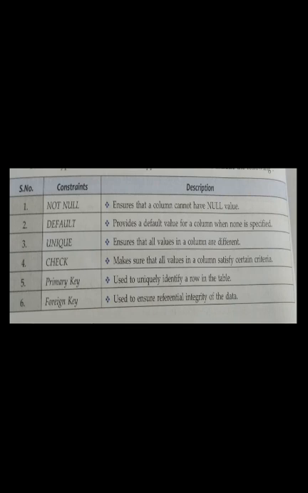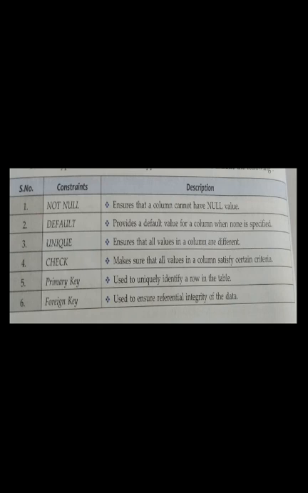If I write the unique key constraint there, that means all student IDs will be unique. If I say Aadhaar card number, and I write the unique key constraint there, everybody's Aadhaar card number will be different. I cannot enter the same Aadhaar card number into two different records.